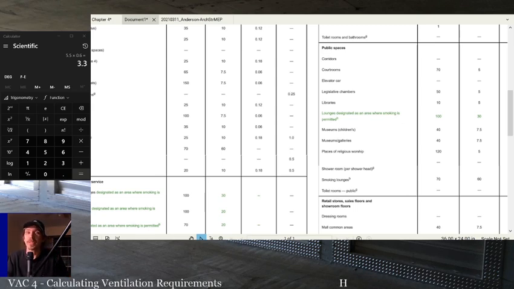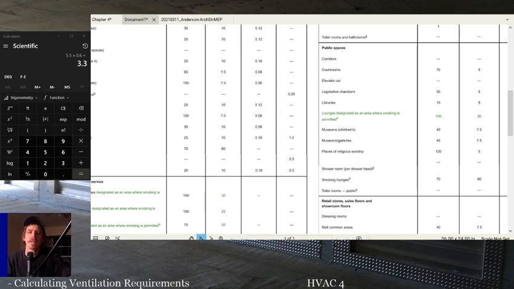Chapter 5 is specifically exhaust, with a lot of information about kitchen exhaust and things like that. But chapter 4 is environmental exhaust, so exhaust for bathrooms, kitchens, and particular types of spaces. If you have environmental air exhaust requirements, you will generally find that in chapter 4.